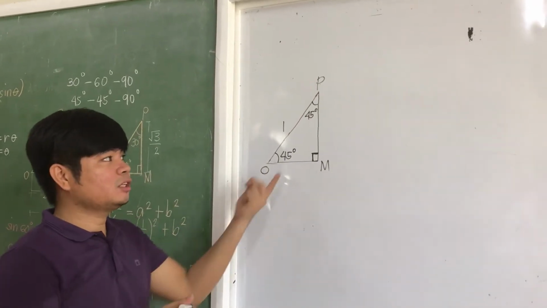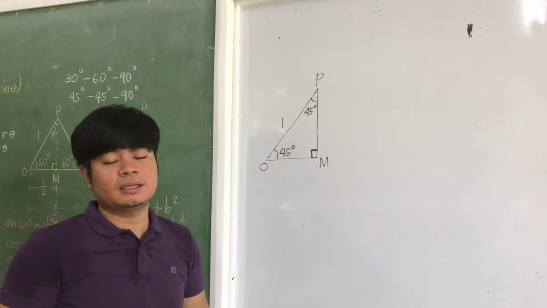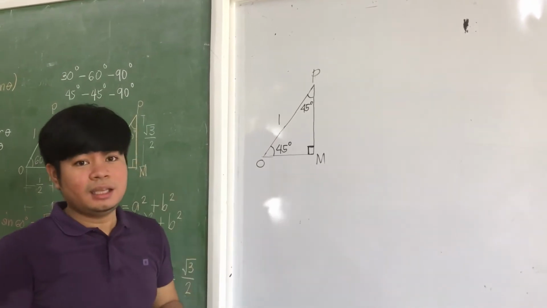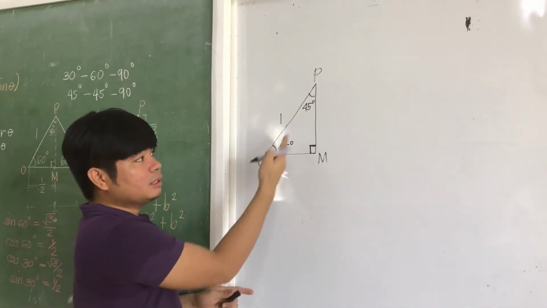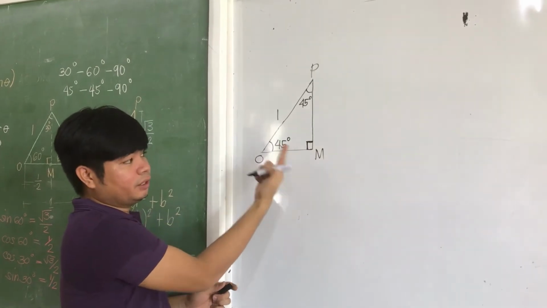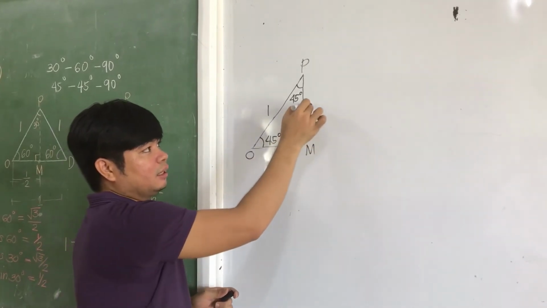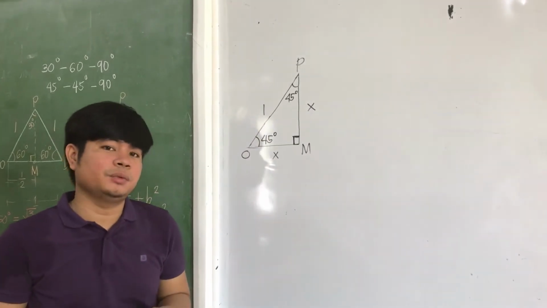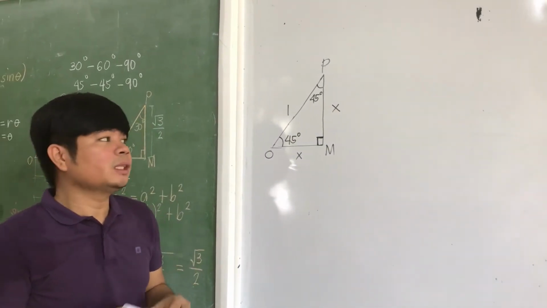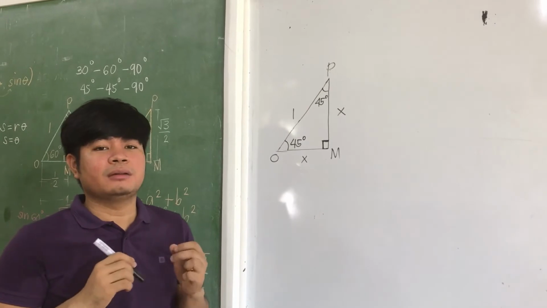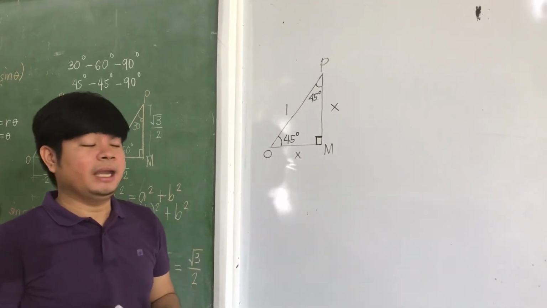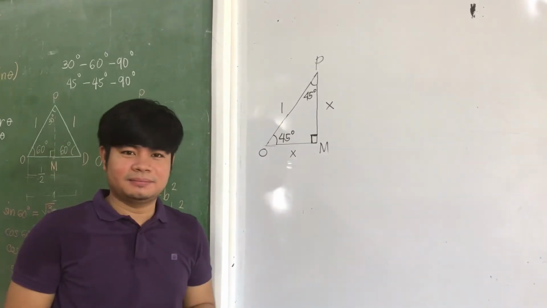Okay? We call this triangle an isosceles right triangle because the two sides are equal. Meaning to say, since we have 45 degrees and we also have 45 degrees here, and we let this one be x, this also must be x since we don't know the measurement. Okay, now using the Pythagorean theorem, we can find the measure of x.